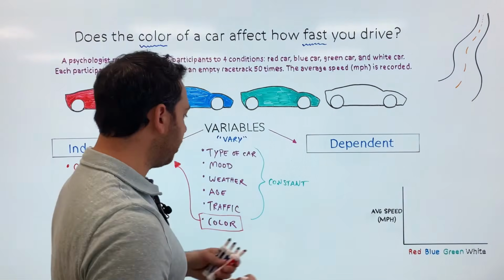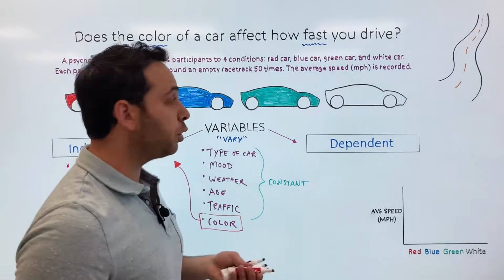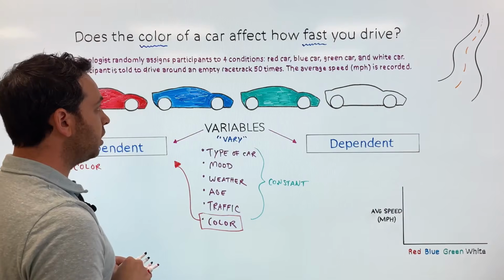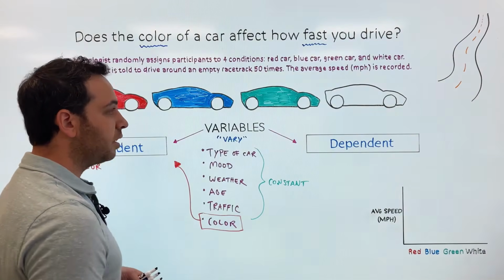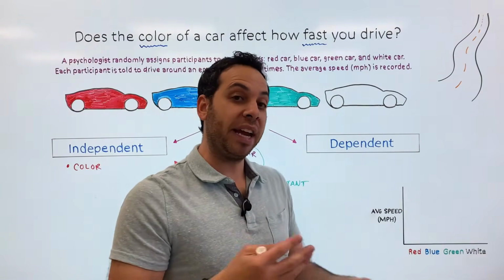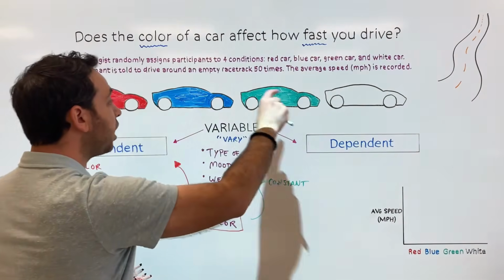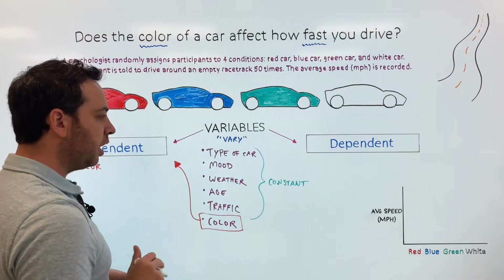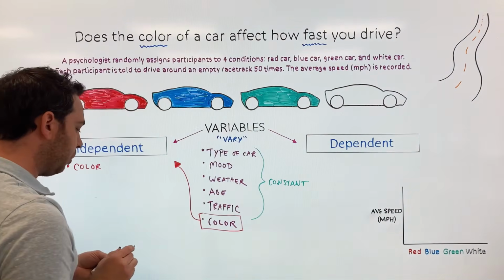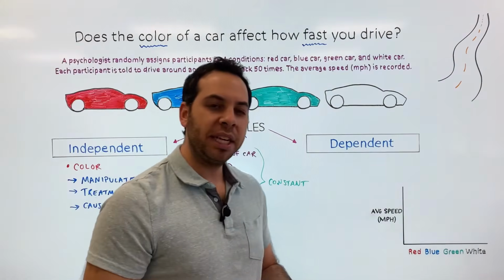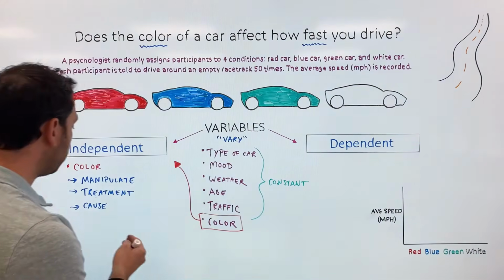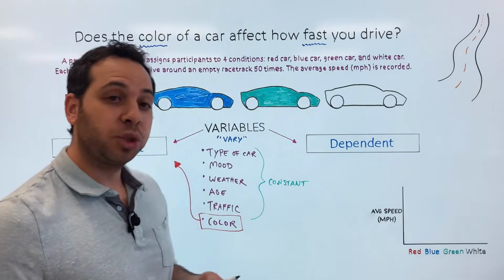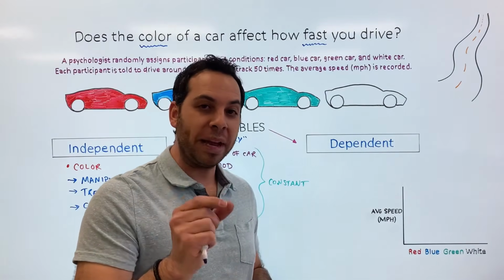Let's say it has to be sunny the whole time. The traffic, there's got to be no traffic, which is why I said an empty racetrack. The type of car, I can't have one person driving a minivan and another person driving a sports car, so the car has to be the same in all of those. So there we go. That is our independent variable. It is the one that you manipulate. It is the one that you change. It is the one that is the cause or treatment, and everything else must remain unchanged.